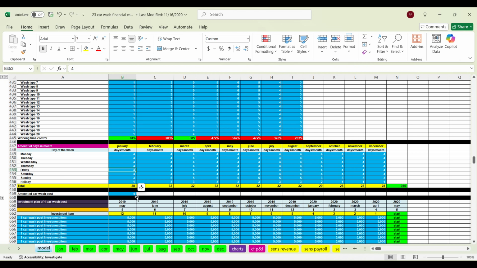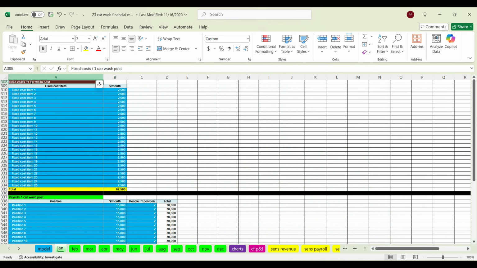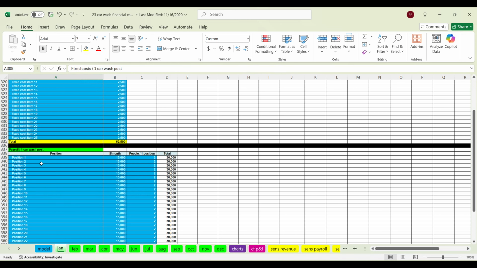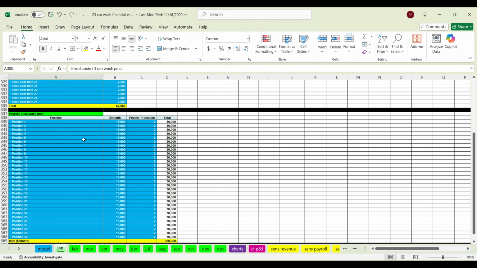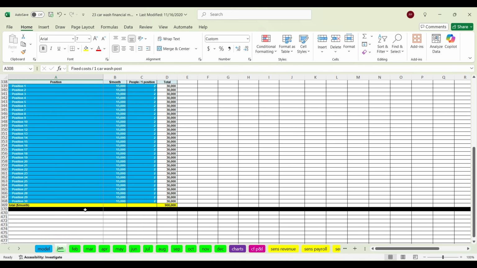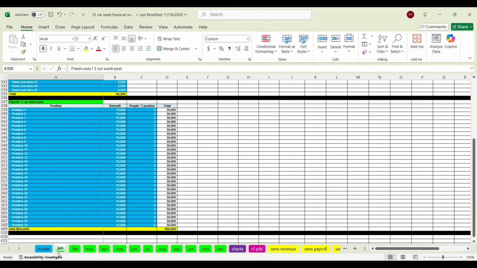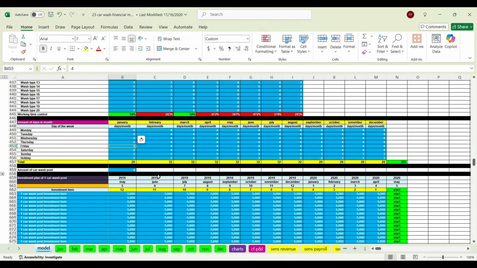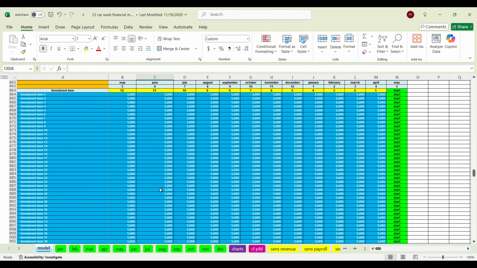So we can specify how many posts we have, and then the payroll and fixed costs will be linked to this amount of posts that we can specify in the first blue tab with the model. Then we're moving to the cash flow statement.